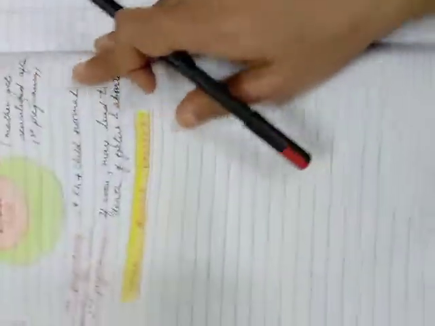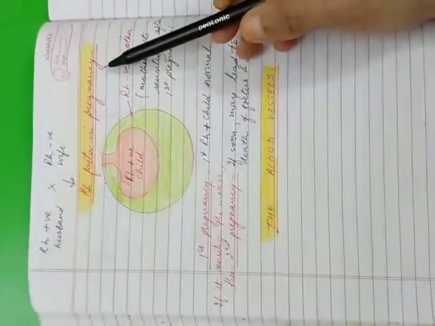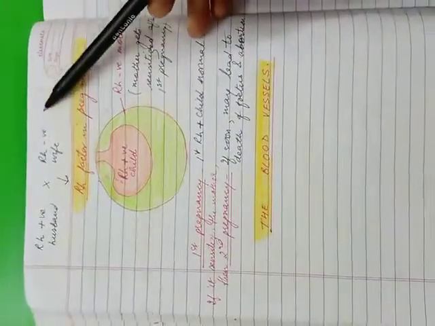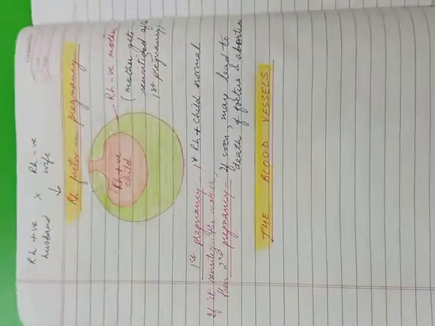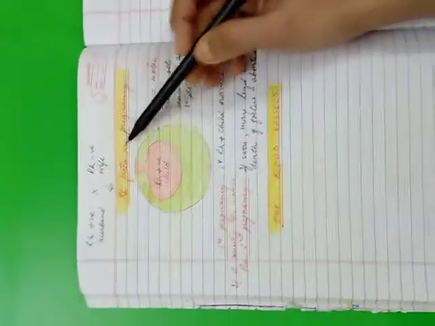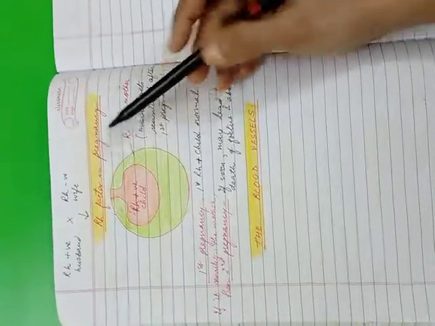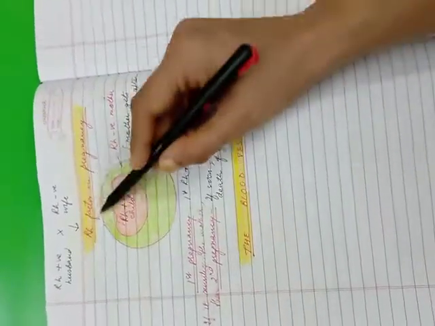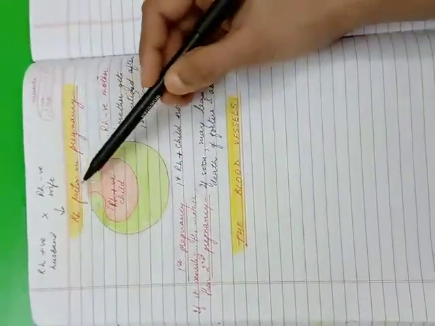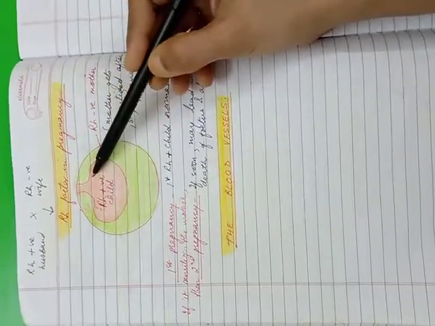And in a very rare case like this, consider Rh factor in pregnancy. Suppose the husband is Rh positive and the wife is Rh negative, right? The woman is Rh negative and the husband is Rh positive and they are married. Now the woman conceives a child, and we are talking of the first pregnancy. The womb of the mother is Rh negative, and suppose, by the genetic cross that we have already discussed in chapter 3, the child has the blood group of the father.